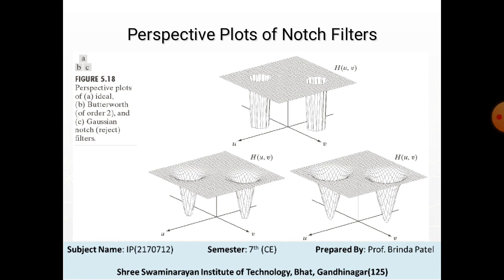The one exception to this rule is if the notch filter is located at the origin, in which case it appears by itself, although we show only one pair for illustrative purposes. The number of pairs of notch filters that can be implemented is arbitrary.